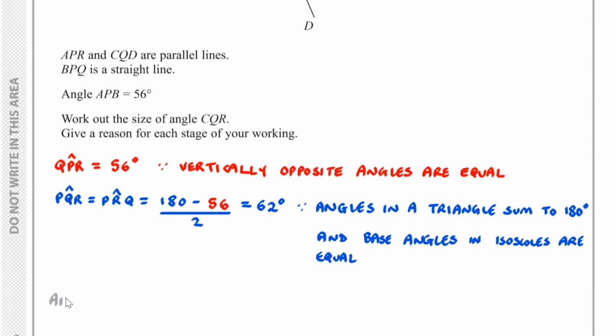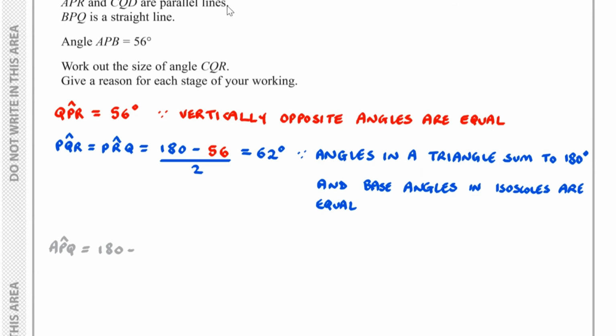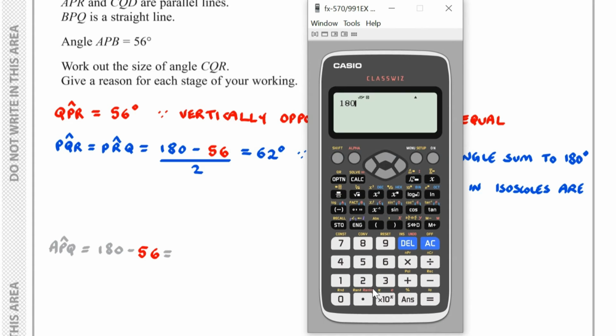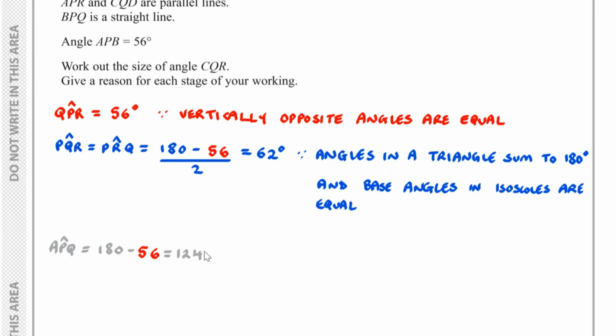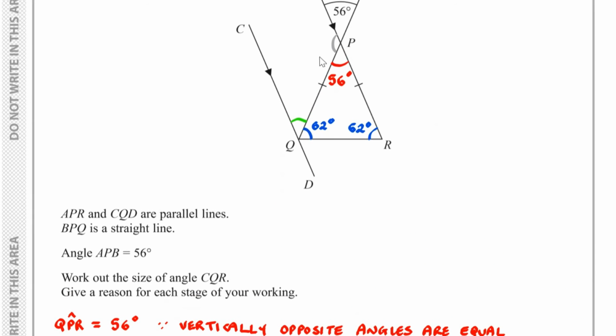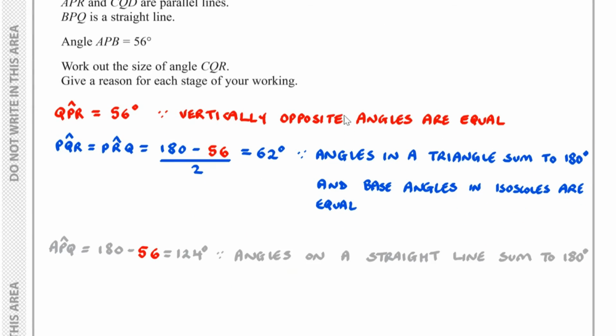The angle APQ is equal to 180 subtract the 56. And if I work this out, I get 124. So I've got 124 degrees, and the reason that this angle here is 124 is because angles on a straight line sum to 180.